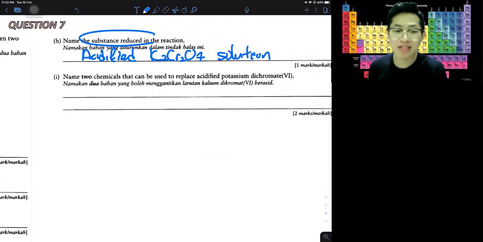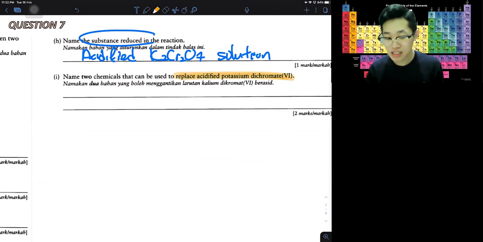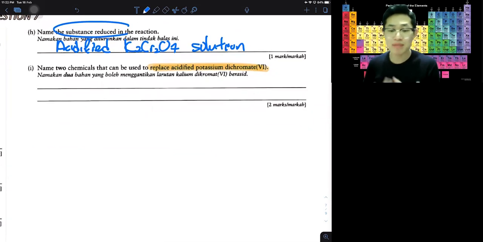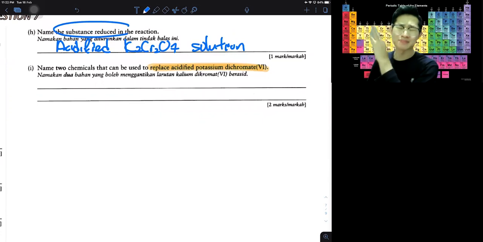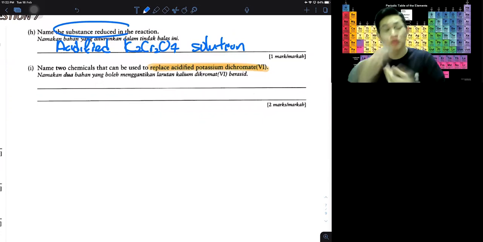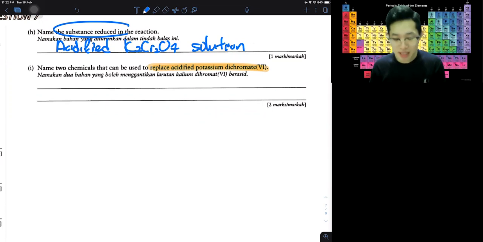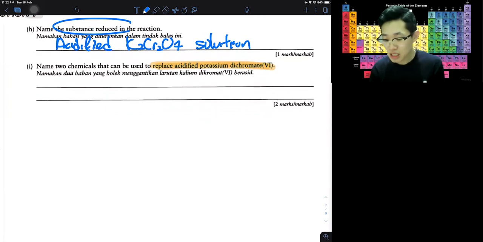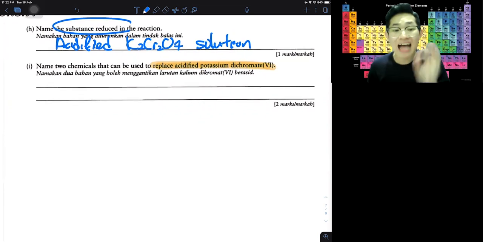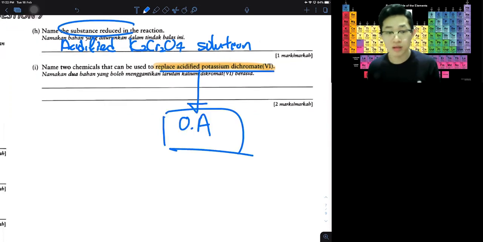Name 2 chemicals that can be used to replace acidified potassium dichromate 6. When they ask you this, they are actually asking what other oxidizing agents you can use.